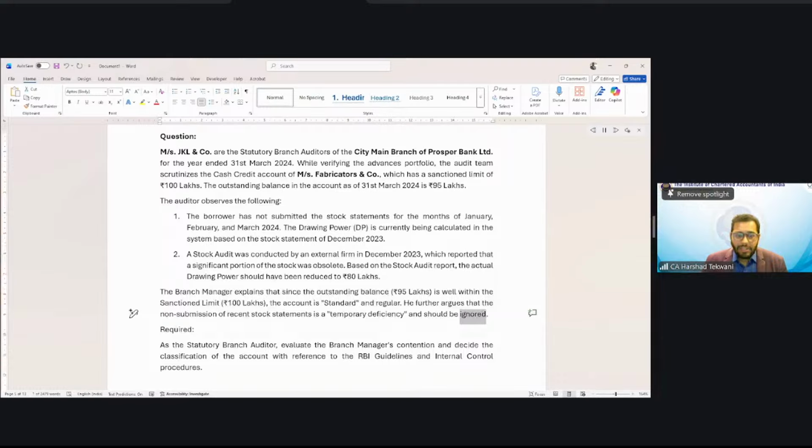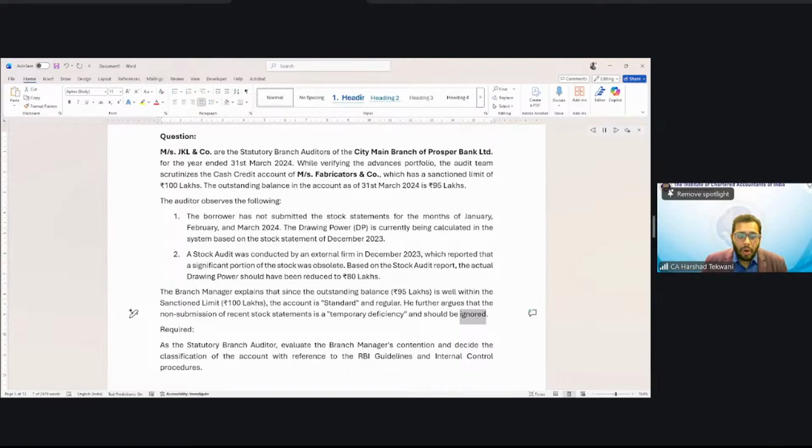So in this particular scenario, the age of the stock statement, which is more than 3 months, is a problem. Audit adverse findings, saying that the valuation of securities is not appropriate, is also a problem. Plus, if there is a temporary deficiency for more than 90 days, I will classify that as an NPA.